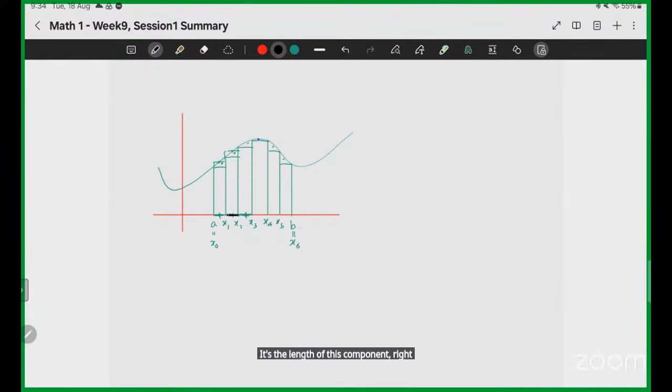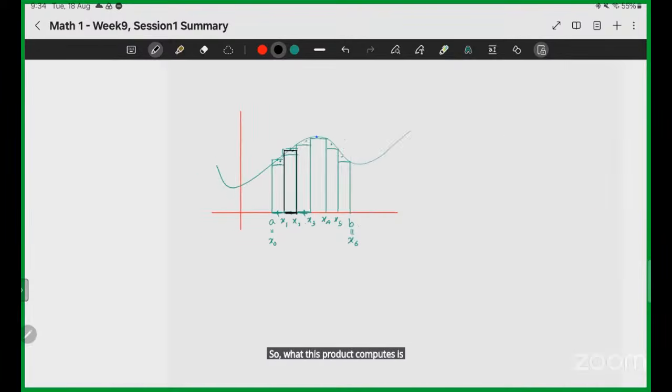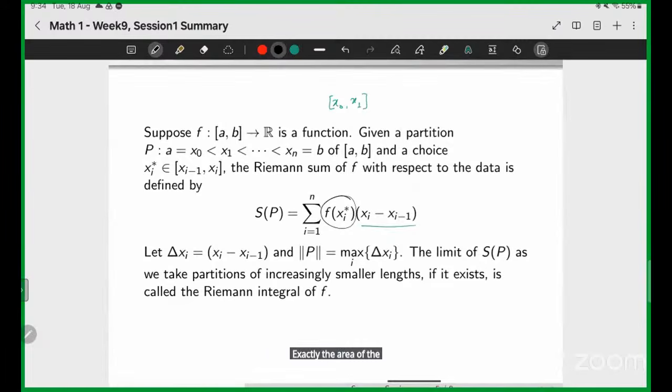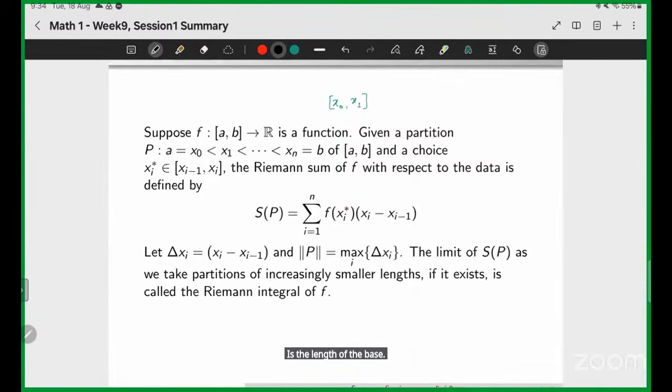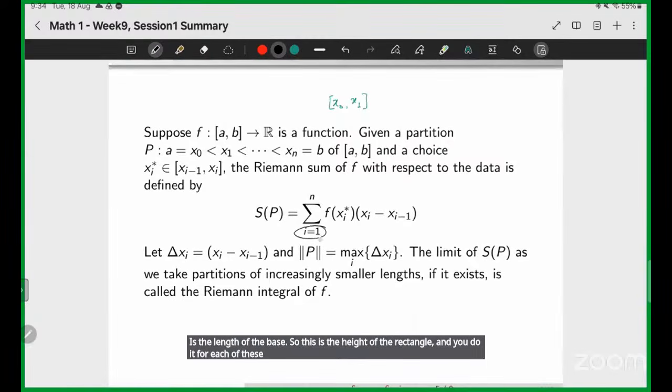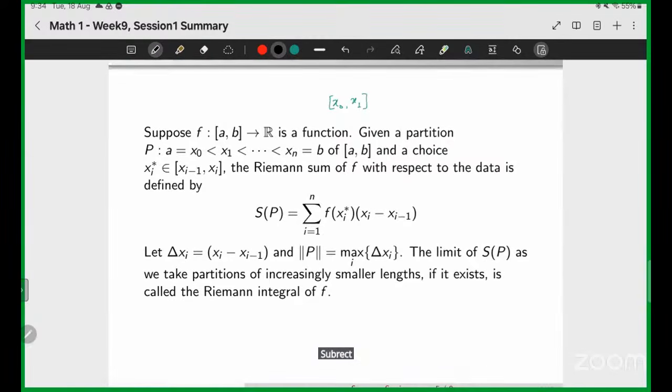And if I take some function value in between, that is exactly this height. So what this product computes is exactly the area of the rectangle. f of xi star would be the height, and xi minus xi minus 1 is the length of the base. So this is the height of the rectangle, and you do it for each of these subrectangles that are defined by the partition.